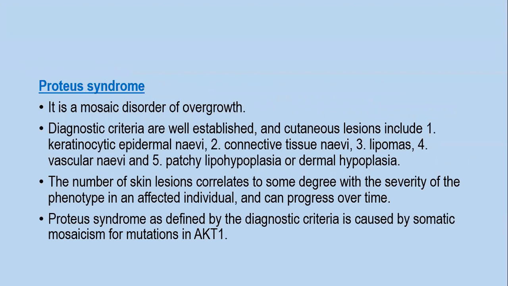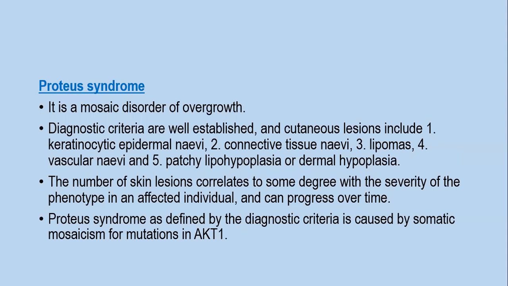Proteus syndrome. The Proteus syndrome is a mosaic disorder of overgrowth, and diagnostic criteria are well established. And cutaneous lesions include keratotic epidermal nevi, connective tissue nevi, lipomas, vascular nevi, and patchy dermal hypoplasia.